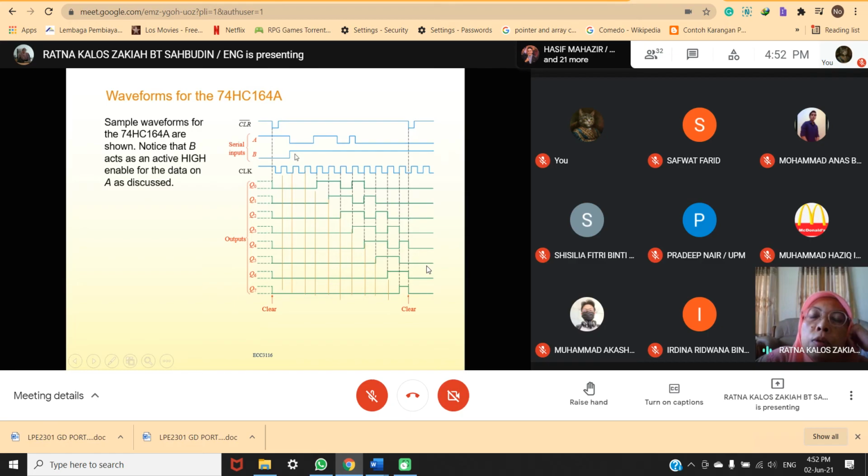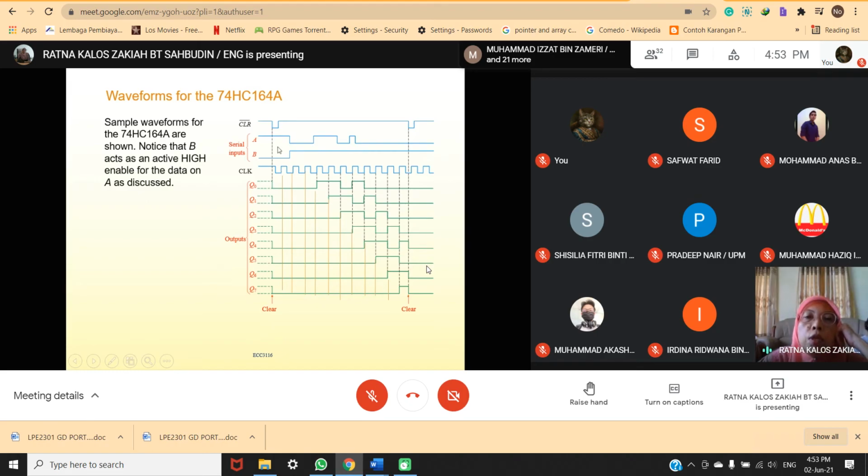The output will perform when B is high. If B is low, it is disabled. This is the input data: low, low, high, high, low, and so on.